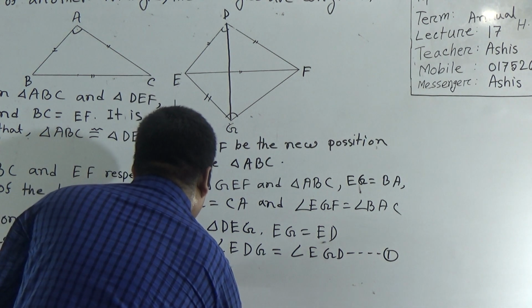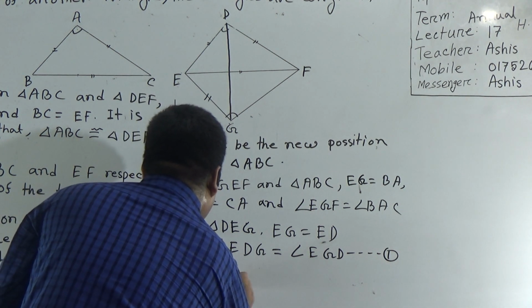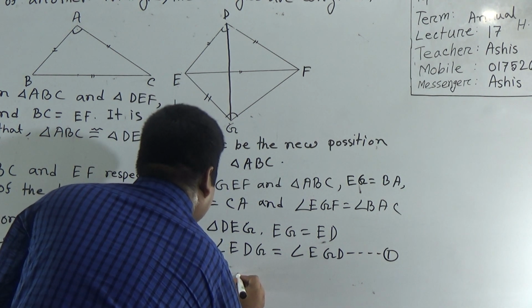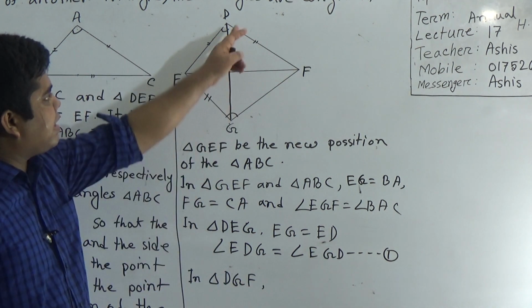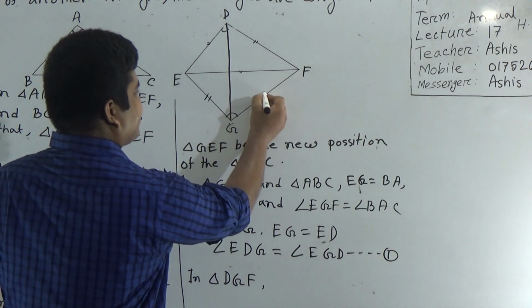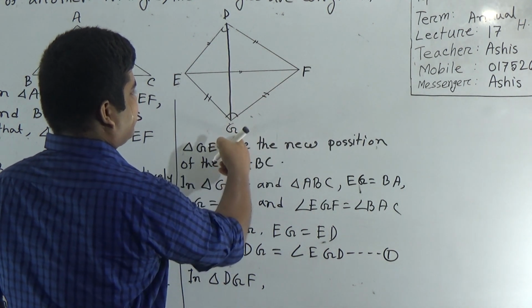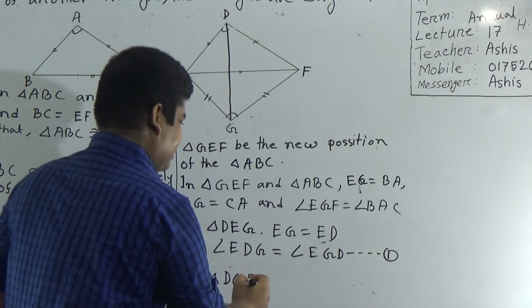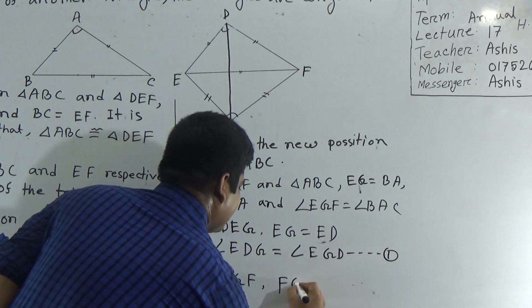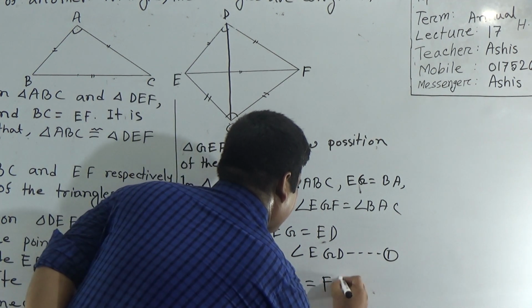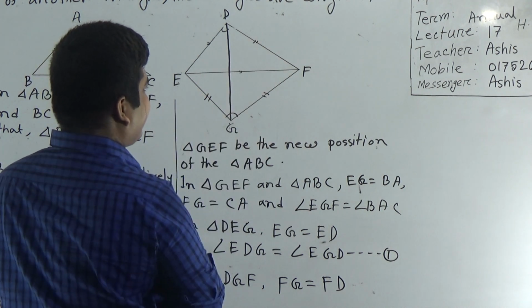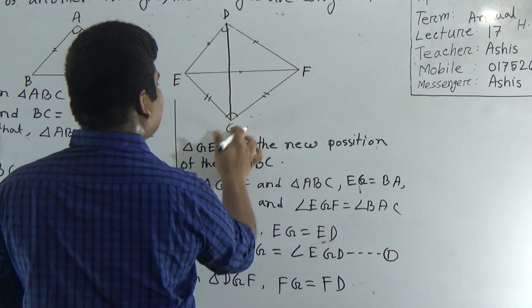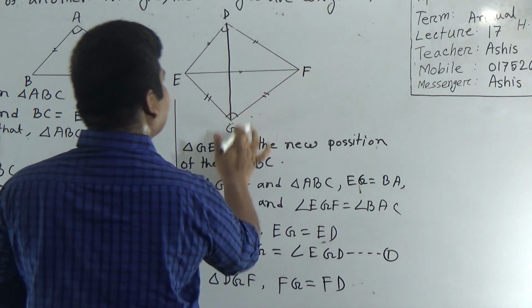Now, in triangle DGF, my dear students, in triangle DGF, we notice FG equal to FD, right? FG equal to FD. As FG equal to FD, so we can write FDG angle equal to FGD angle.